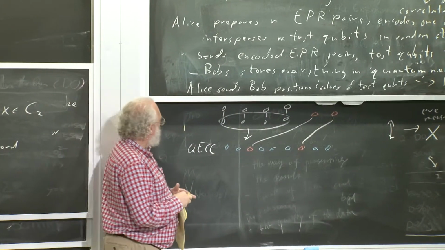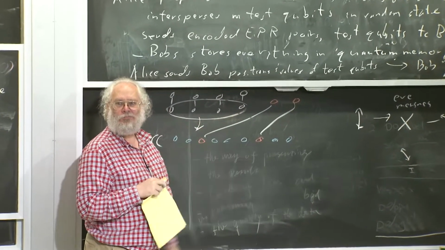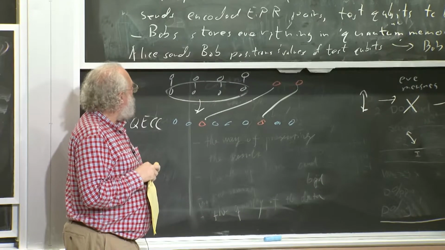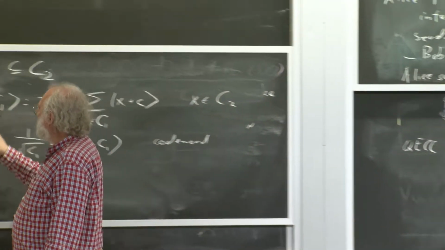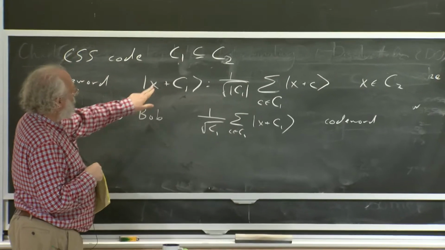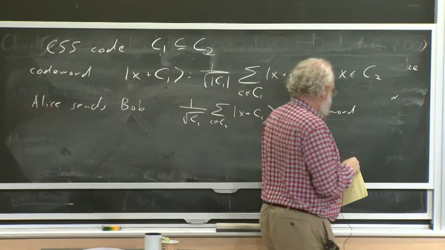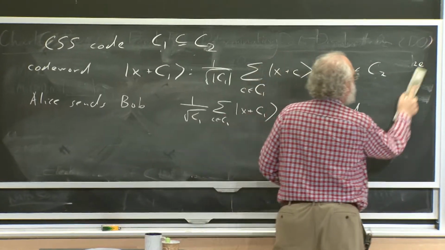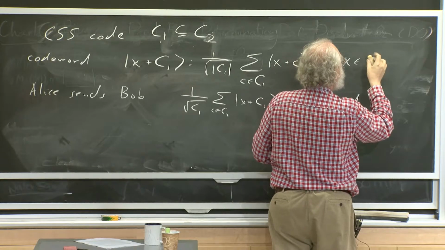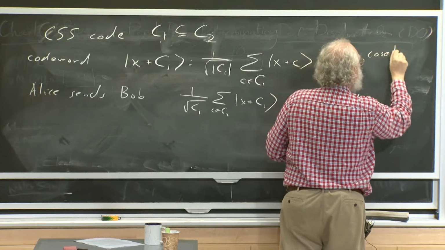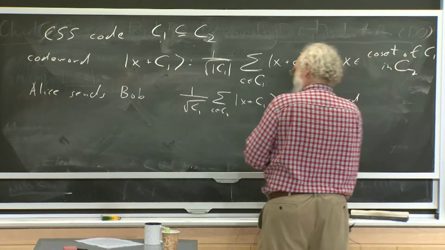And now what is she doing? She's taking a random state and she's encoding it in a CSS code. Alice is taking a random state, which is actually just a random x in a random coset of C1 in C2.